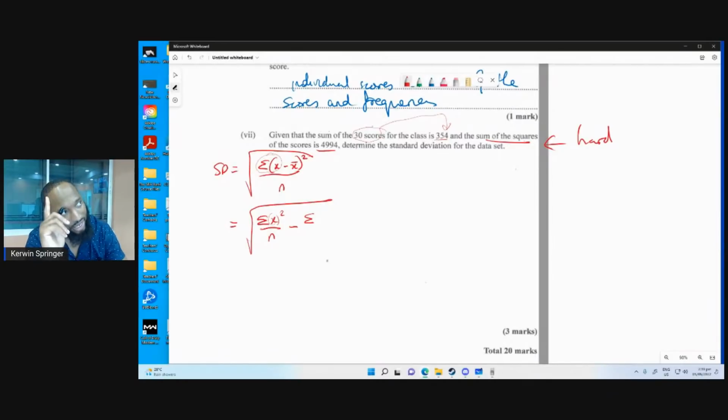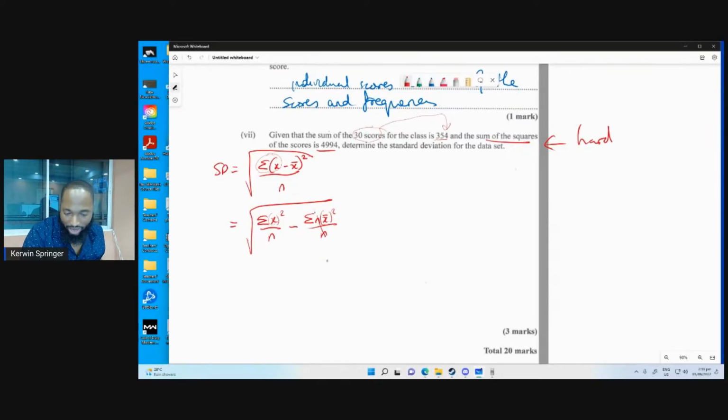Now, you only have one mean, but it's the mean multiplied by the number of times you're subtracting, which is n. So it's n x bar squared divided by n.